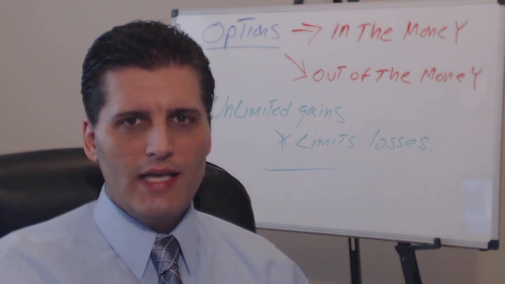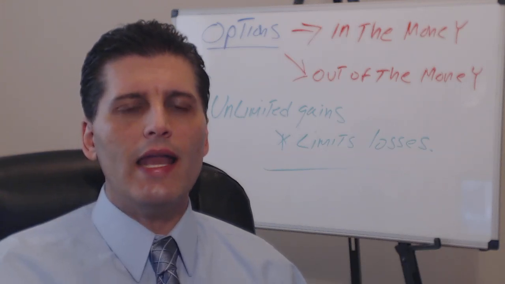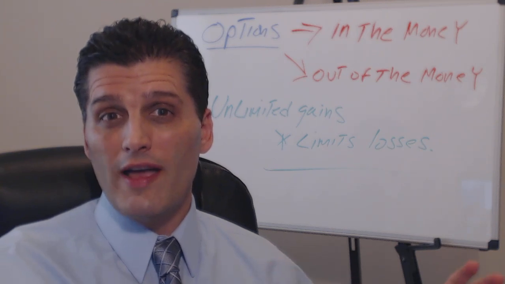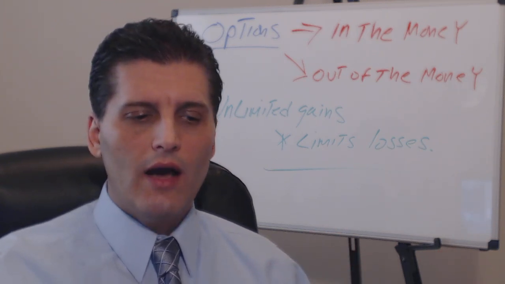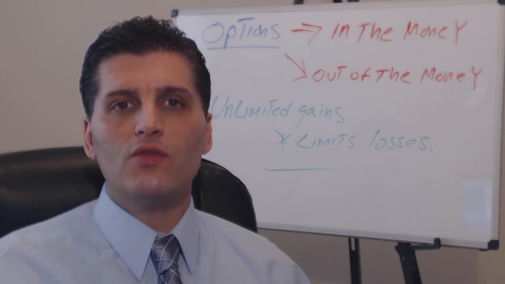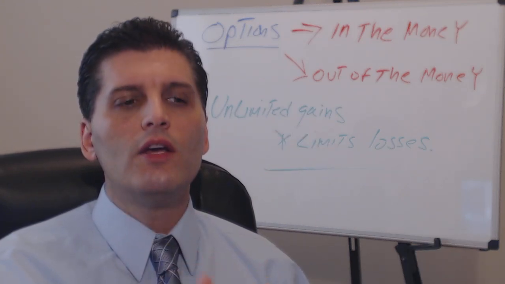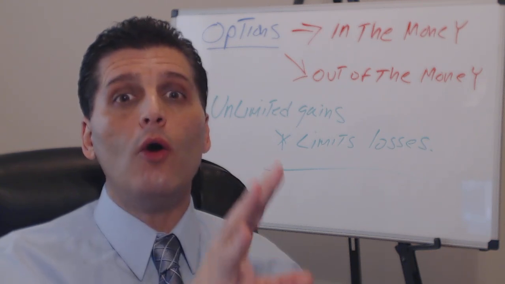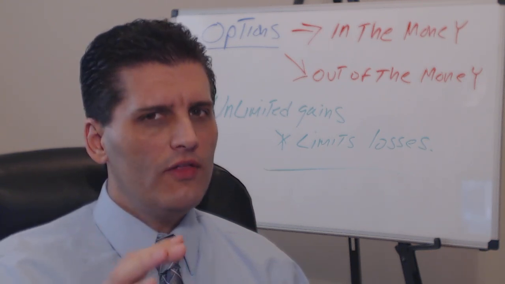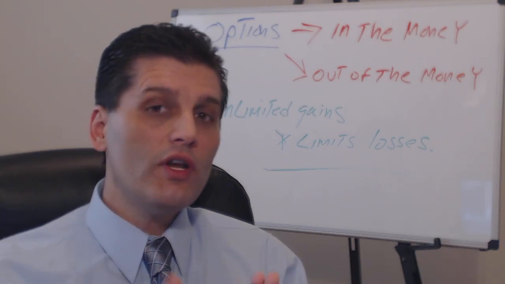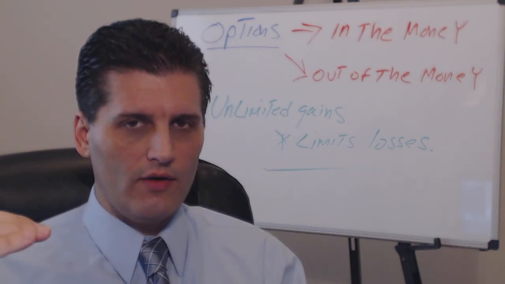So let's put another example on this. Let's say you're looking at a July 50 call on underlying XYZ. Now, if the underlying XYZ is below 50, you got it? You're now buying an out of the money call. These are cheaper, but they can also have some pretty wild swings here.